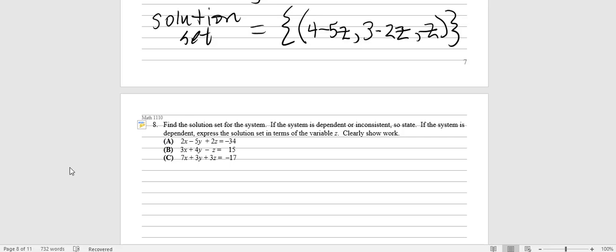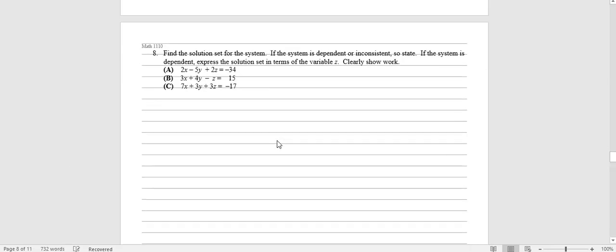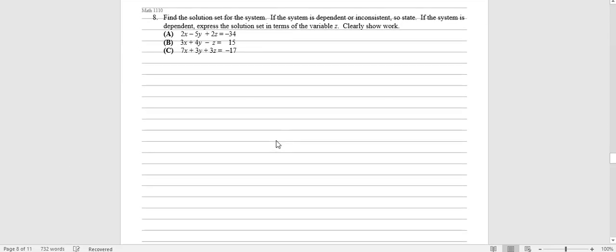All right, let's take a look at problem 8. In this problem, I am doing the same thing I've been doing. I'm attempting to solve this system. And I'm going to choose, because I see I have a negative z in equation B, I'm going to choose to eliminate z first.